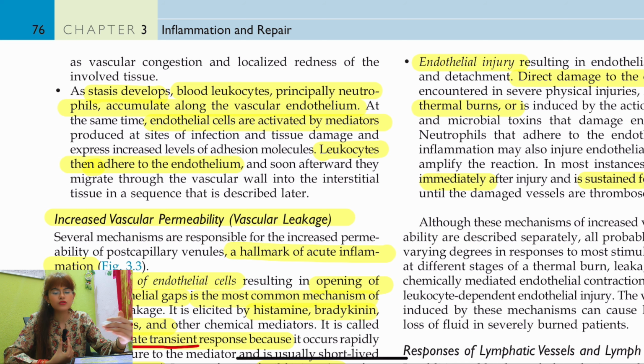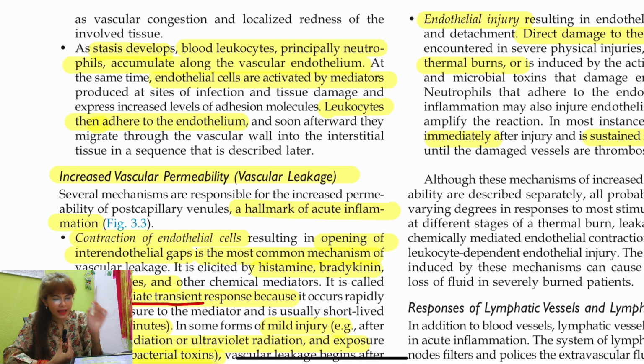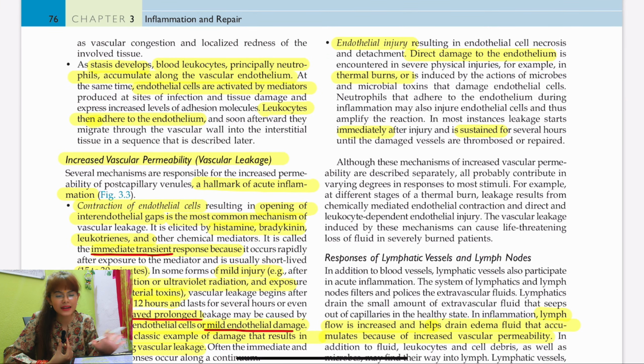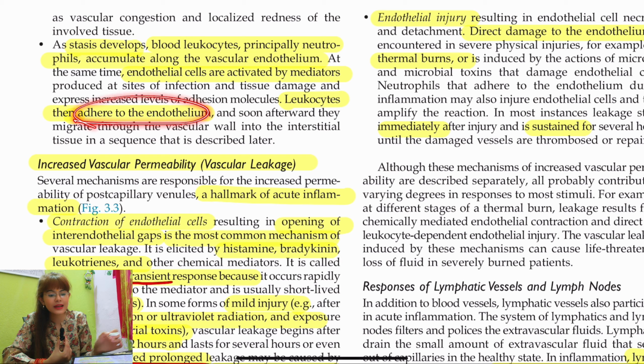At the same time, the neutrophils will try to accumulate towards the vascular endothelium. In this process the leukocytes will now adhere to the endothelium. So I hope you're understanding the process. Once there is vasodilation and stasis, the cells in the blood will now start to marginate towards the endothelial layer, where they will ultimately get adhered.